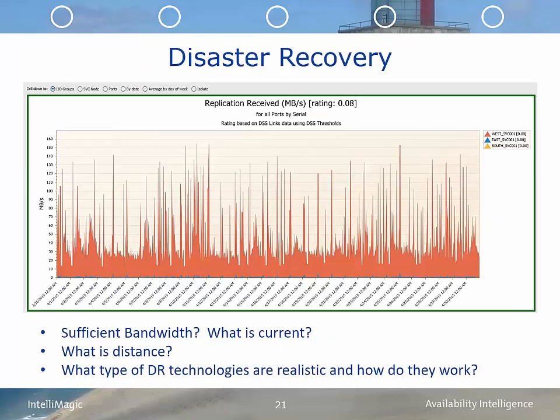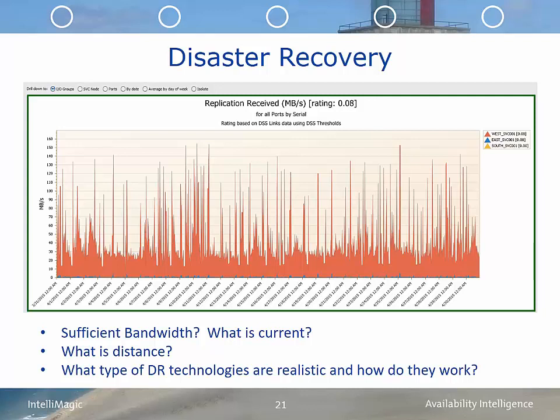When you're doing disaster recovery planning, it's important to make sure that you have sufficient bandwidth. How do you know if you have sufficient bandwidth? If you have historical data, it makes it a lot easier to forecast the future. You also need to know what the distance is and what type of DR technology is realistic for the bandwidth and the disaster recovery goals that you have in terms of the recovery point objective and the recovery time objective.